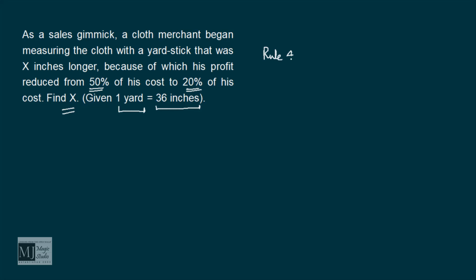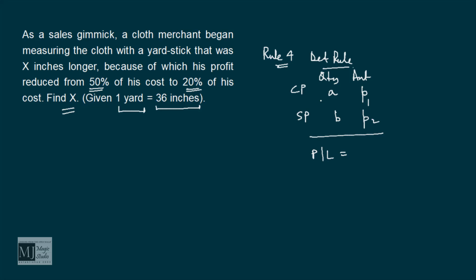Let me revise this rule first. Rule 4 of our rule book, the debt rule. If the CP of A objects is P1 and the SP of B objects is P2, then profit or loss percent is simply principal diagonal AP2 minus secondary diagonal BP1, by secondary diagonal BP1, into 100.